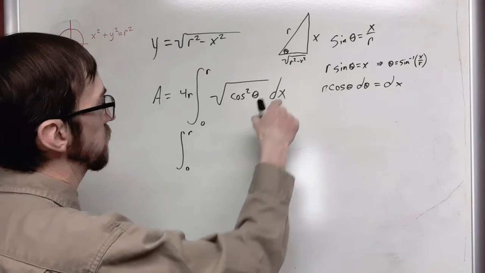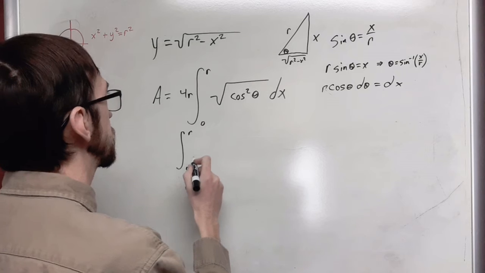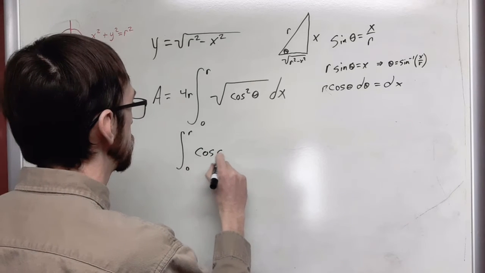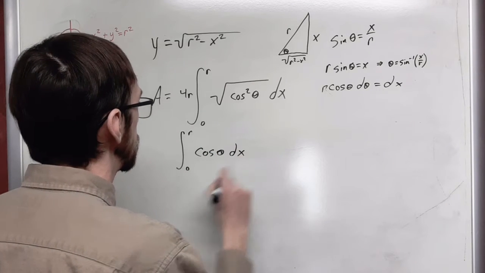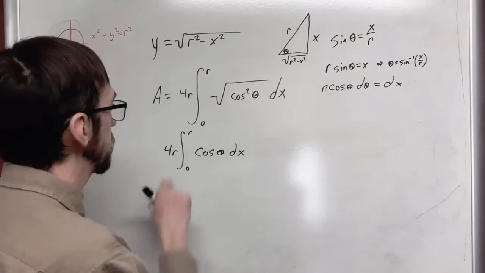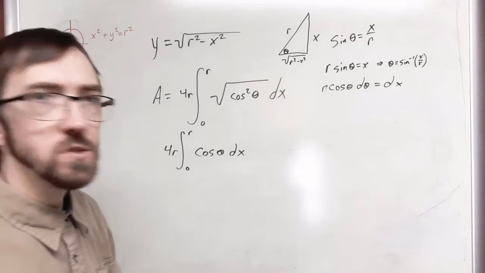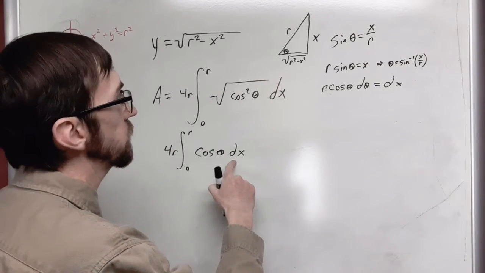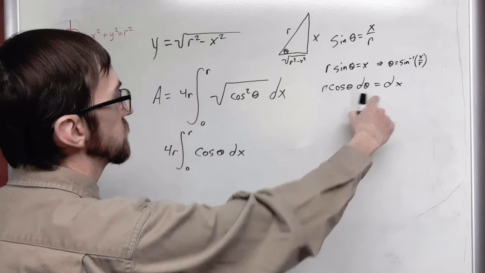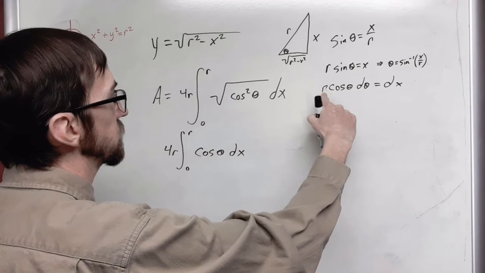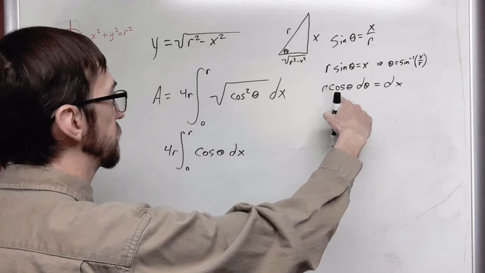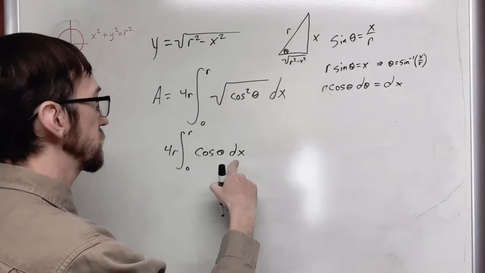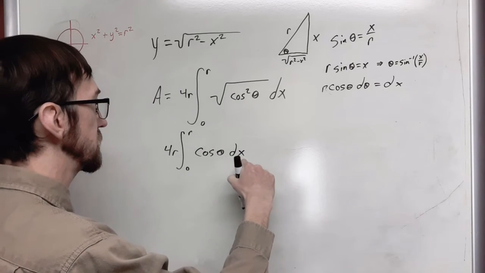These limits are with respect to the x here. And I have 4r out here. So we've already looked at, to substitute dx out, I'm going to insert r times cosine theta d theta. That's going to go in and replace the dx.